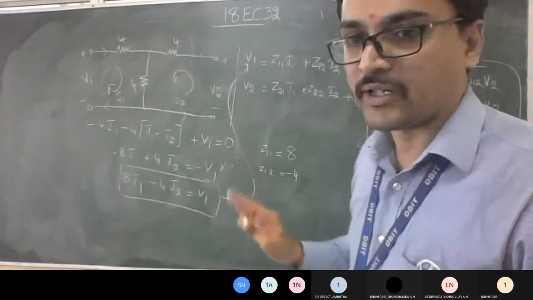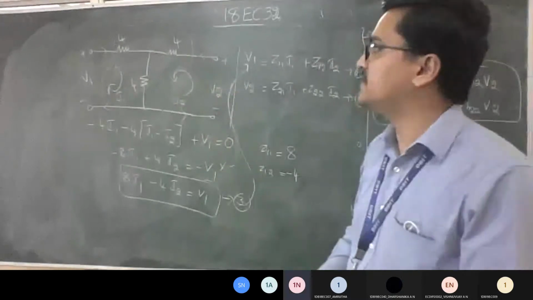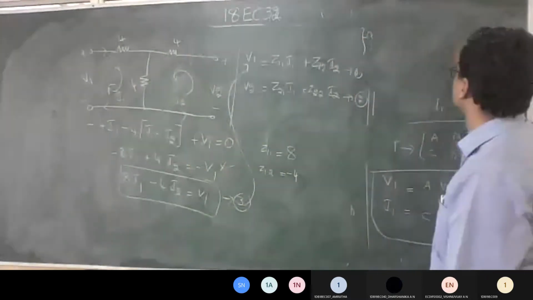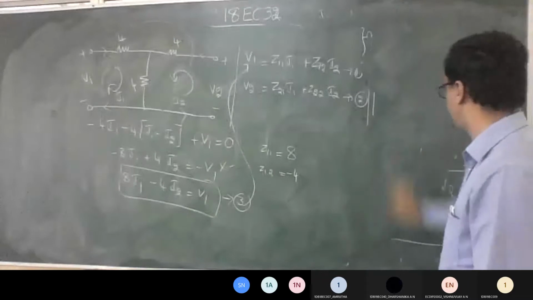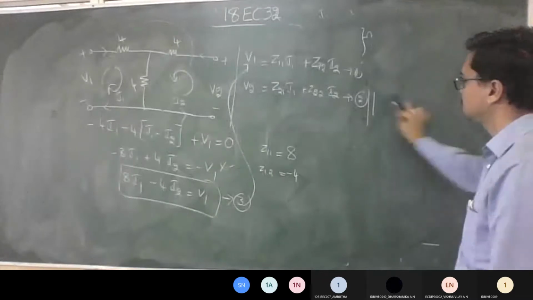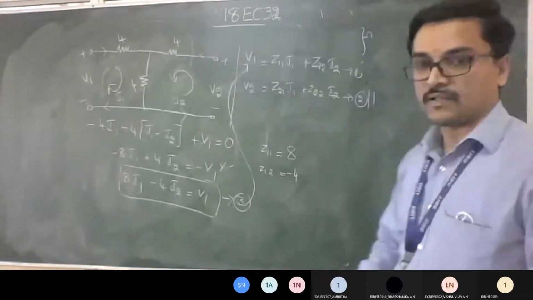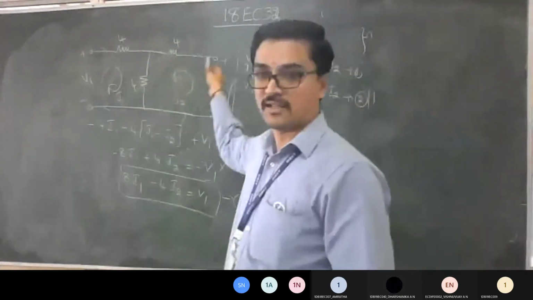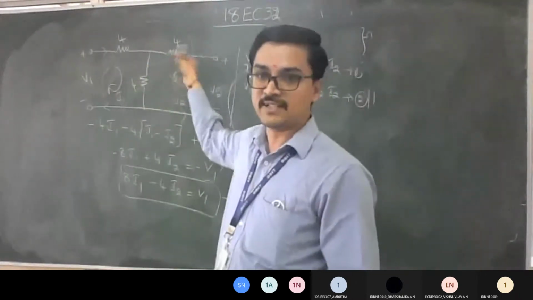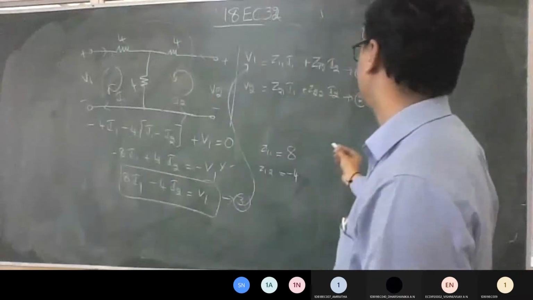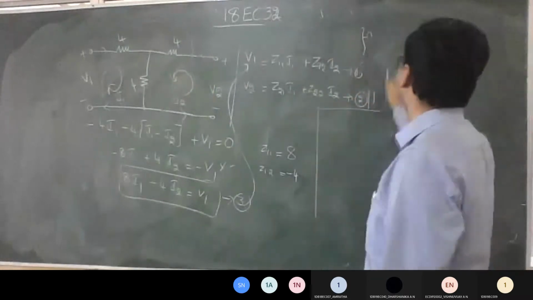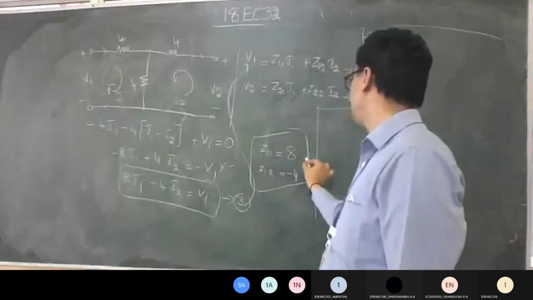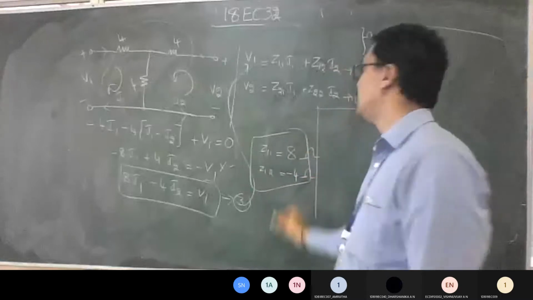Yes, sir. Okay, so now similarly go ahead and apply the mesh equation for the second one. For the second equation, draw it anti-clockwise, as I told you. It should come this way because the entering of current is this way. This is a separate port. Don't forget to write the units.